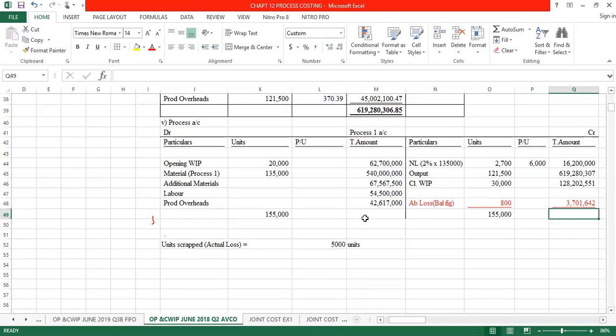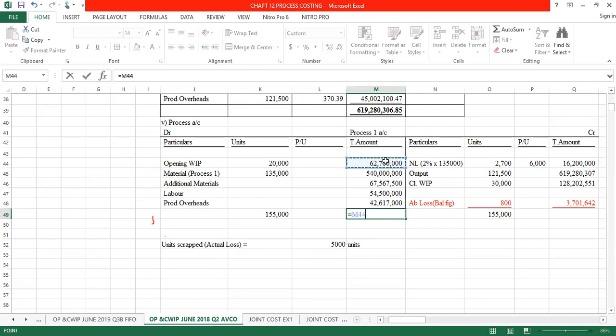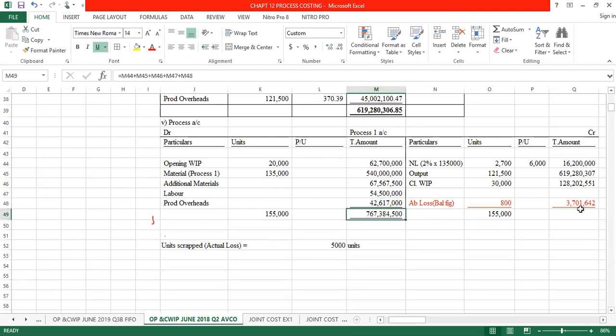So let's see if the whole question was right. If you were asked to prepare, this is what you could have done. Let's just hope it will balance. Does it balance?